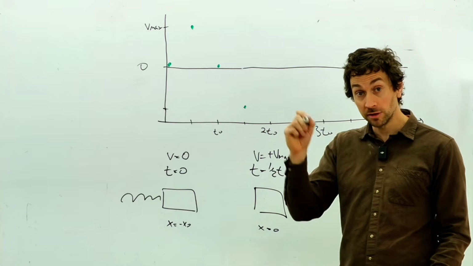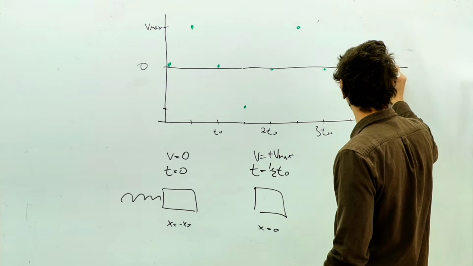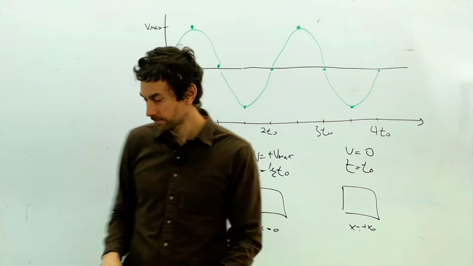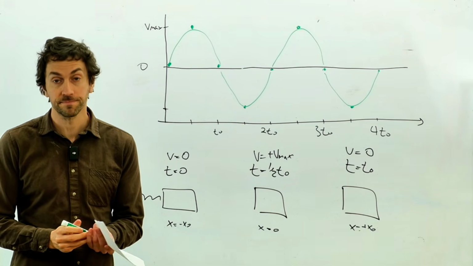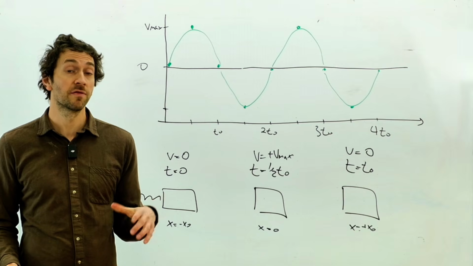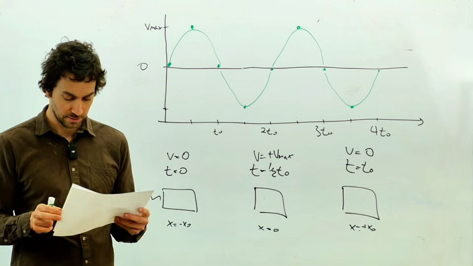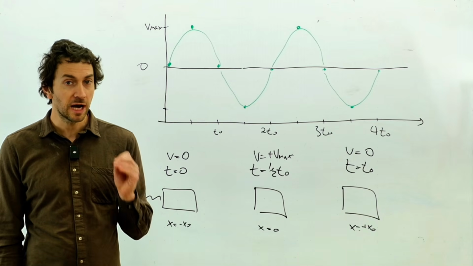And now we just plot the rest of the points on there. And there you go. So this looks like a sine graph. So this is the kind of graph we should be normally doing in an oscillation chapter study. This graph is actually worth 3 marks, and we want to make sure we do a couple things right.